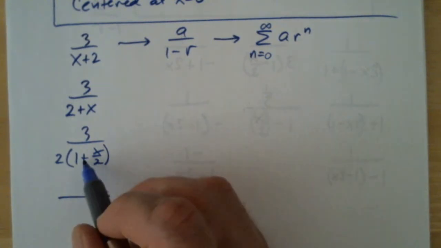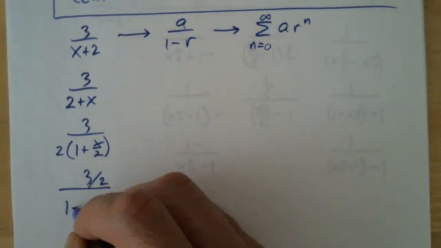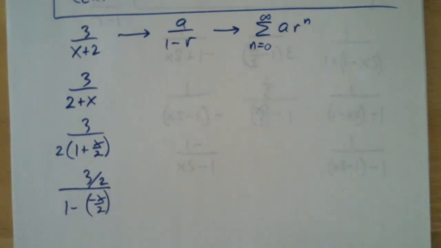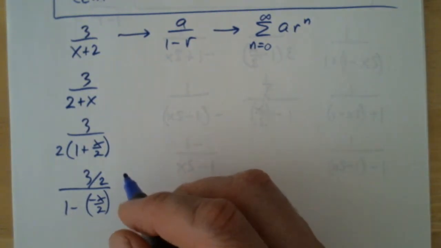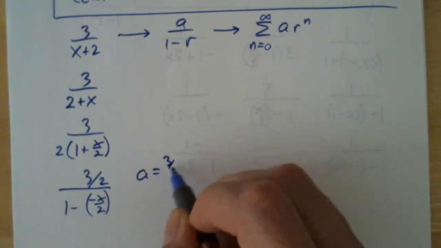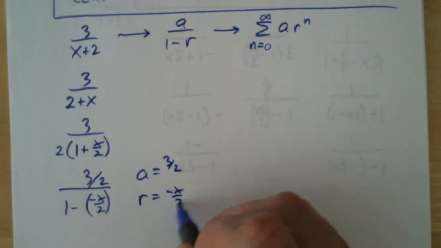And we don't want addition, we need to have subtraction. So we'll write it as 1 minus negative x over 2, and we're done. Then we see that the a is 3 over 2, and the r is negative x over 2.